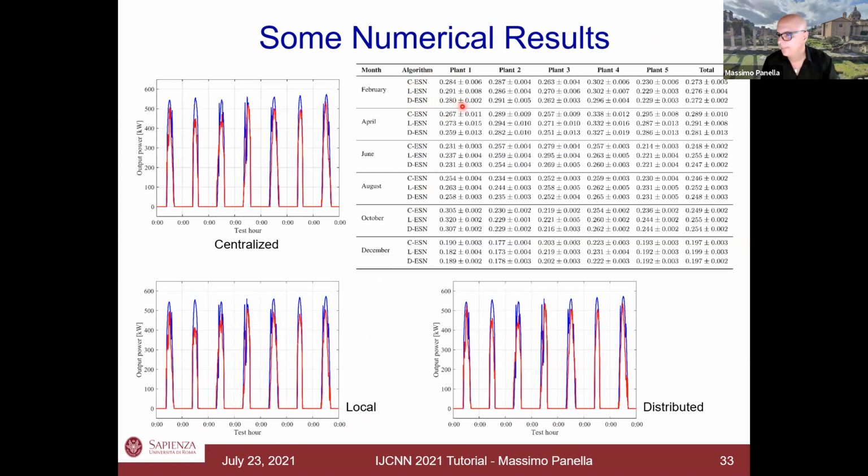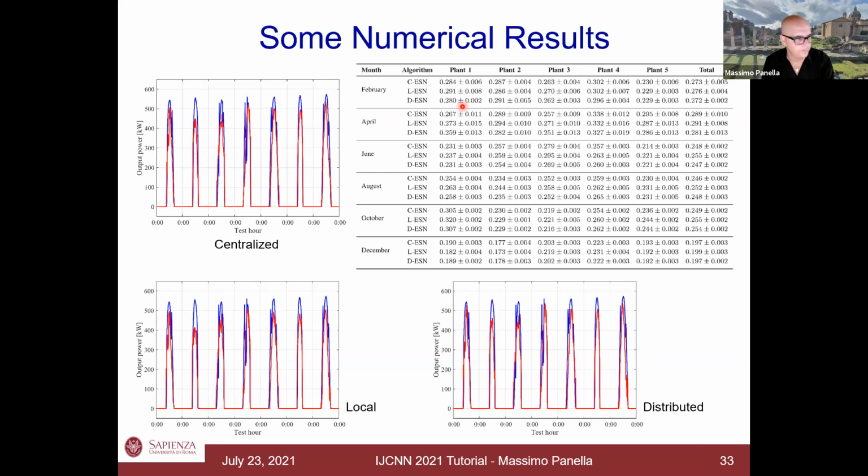Okay, in this case, let me say that this distributed learning should not be confused with parallelization of the algorithm, because in this case we have an overhead associated with the transfer, the communication of the parameters in the neighborhood of each agent.